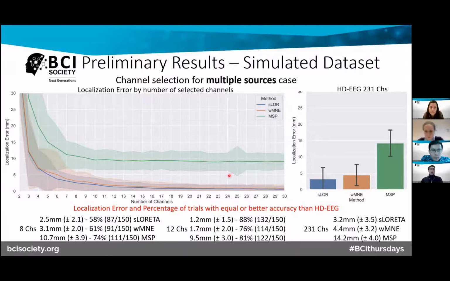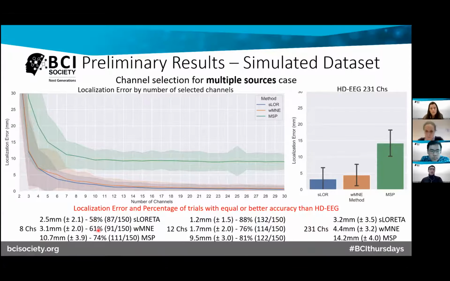And then we found that we could identify different combinations of channels that keep a low reconstruction error, in some cases smaller than the reconstruction error with the 231 electrodes. And we detected that with 8 channels, we still could keep some mean error below the high density.